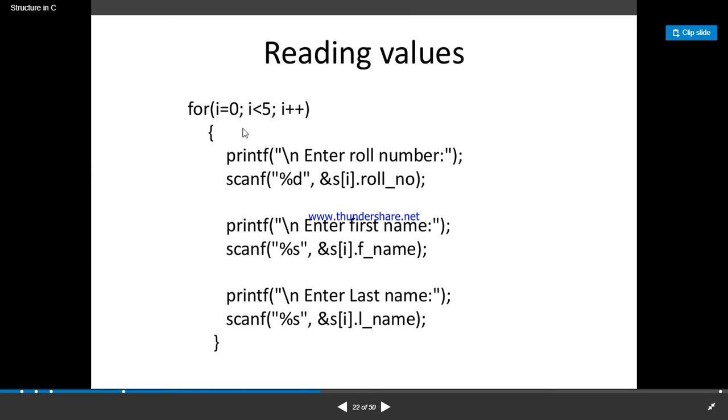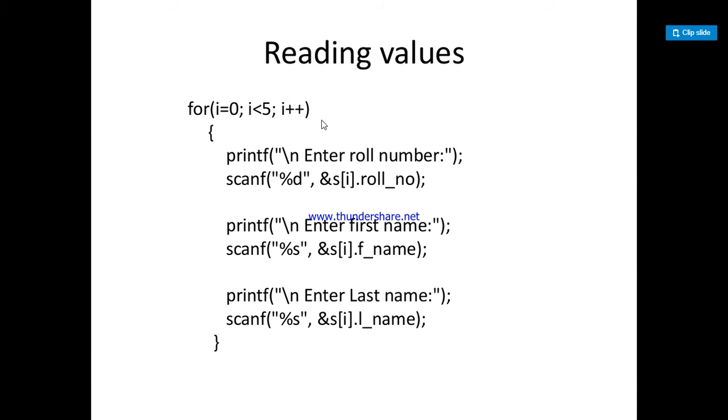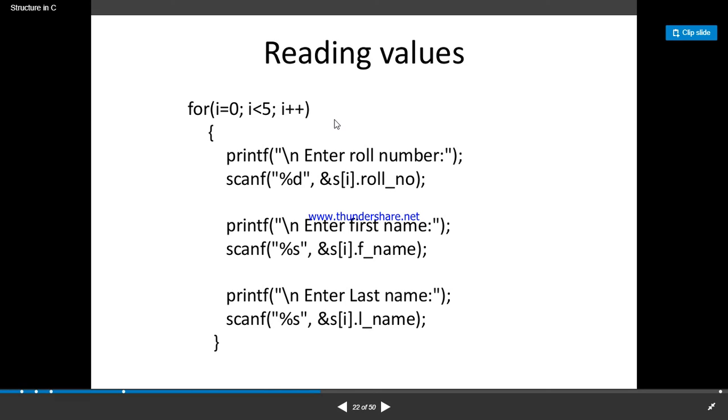For getting the input of an array, the array inputs are collected by using loops. Here also we are using a loop. For 5 students, we get just 5 students' information: i equal to 0, i less than 5, and then i plus plus.